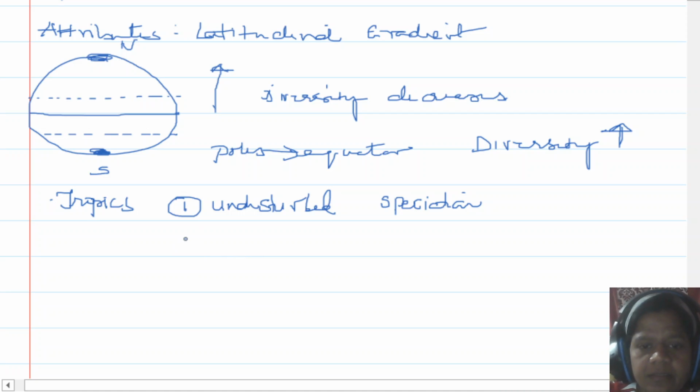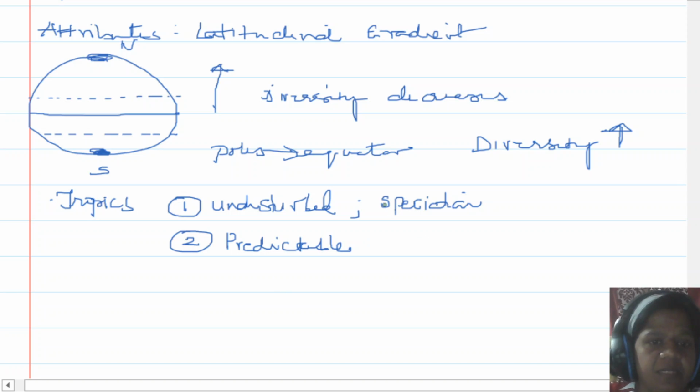The second reason for this species richness is the predictable environment.